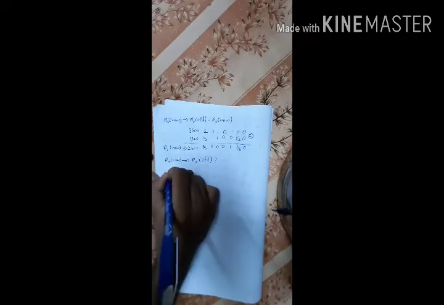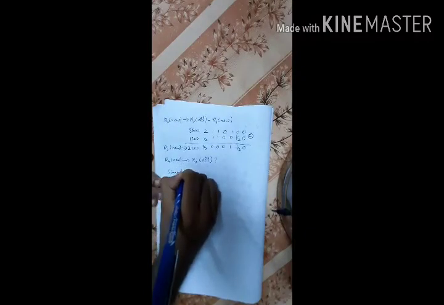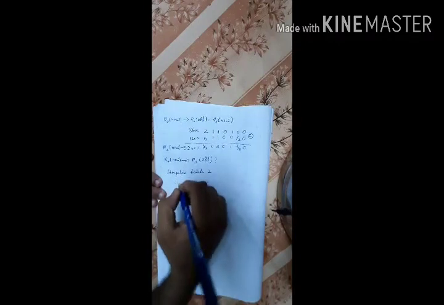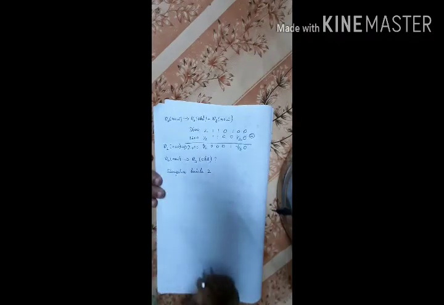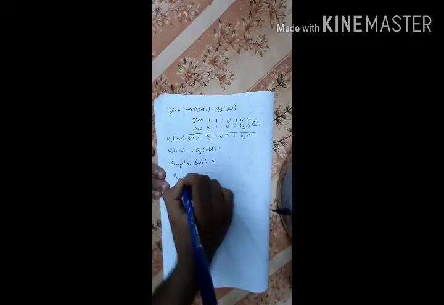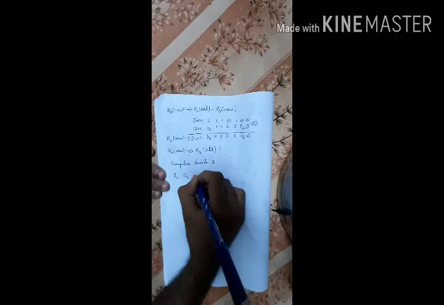So next is simplex table 2. For that, first we write VB basic variable, CB coefficient of basic variable, and XB.